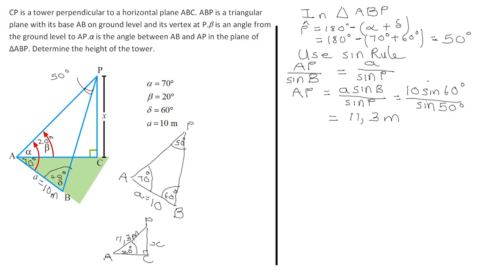Now I can find x. 20 degrees, opposite over hypotenuse. Obviously, we're going to make use of sine. So we're going to say, okay, sine of 20 degrees is equal to opposite, which is x, over hypotenuse, which is 11.3.